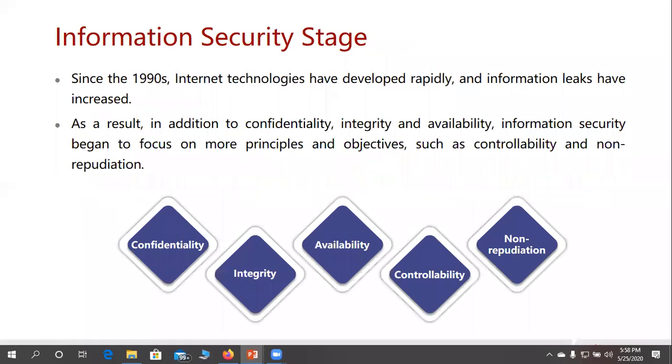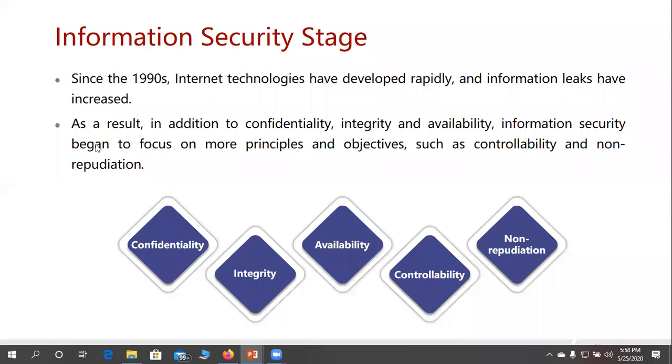Then we have the information security stage. This was in the 1990s. This is the time where we had rapid development in internet technologies, and this led to an increase in information leakages.